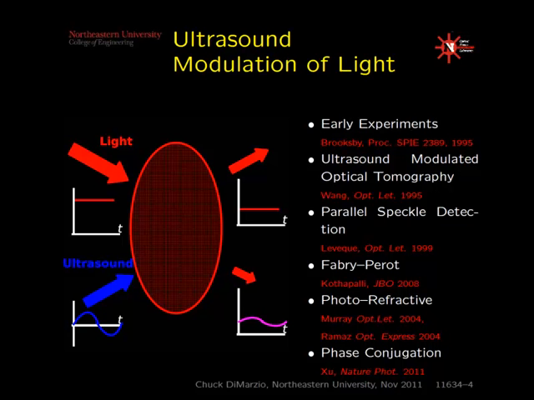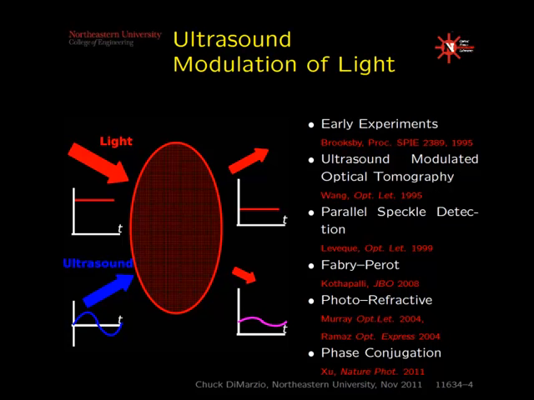This goes back less than 2 decades. The first experiments in this area were done at GE by Brooksby and Murray Penny, and published in 1995. Shortly thereafter, Li Hongwang published his ultrasound modulated optical tomography. I'm using his title to describe the effect.